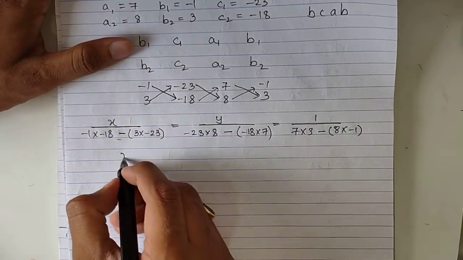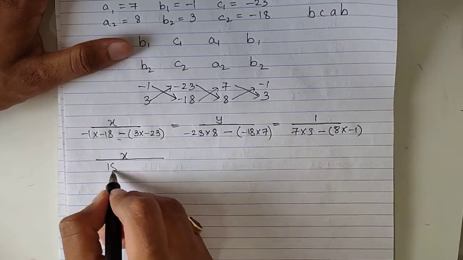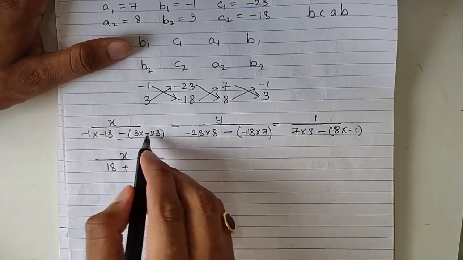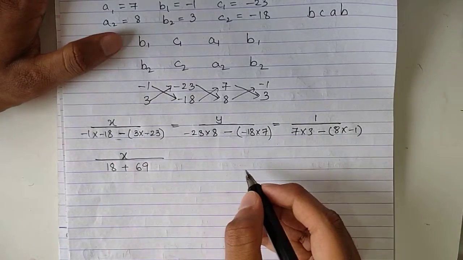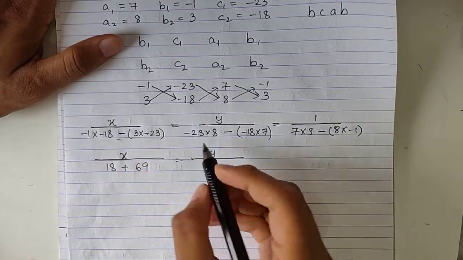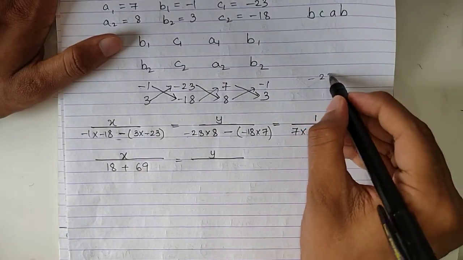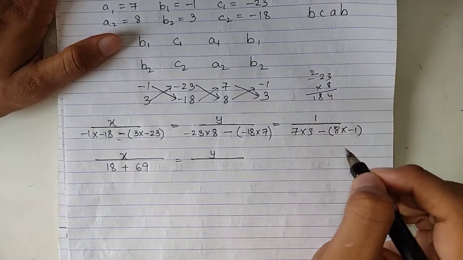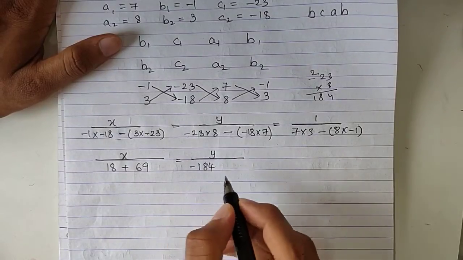Okay, -1 into -18 is +18. Then this minus and minus will become plus, minus 3 into -23 is 69. -23 into 8 is -184.